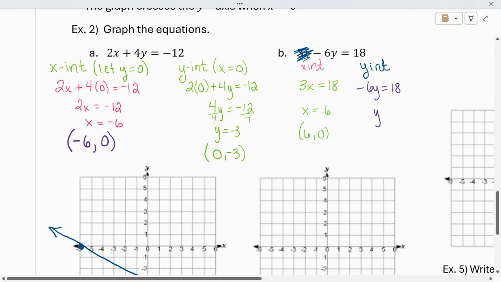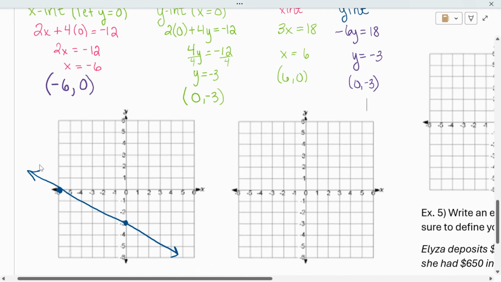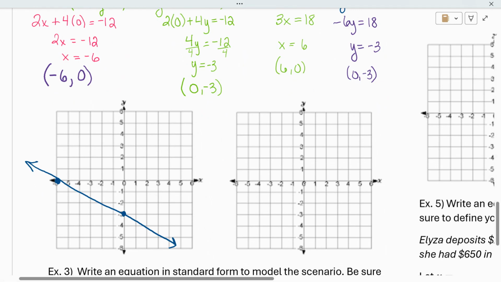That means that y equals, what's negative 3. So this is the ordered pair 0, comma, negative 3. So I can plot those two ordered pairs. Let's see, 6, comma 0 and 0, negative 3.